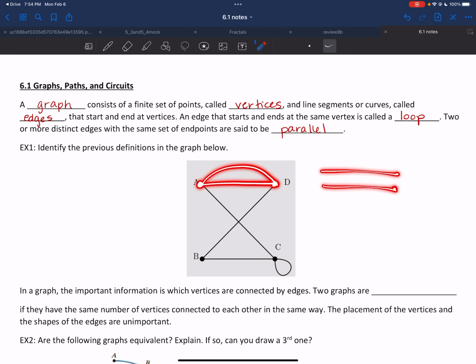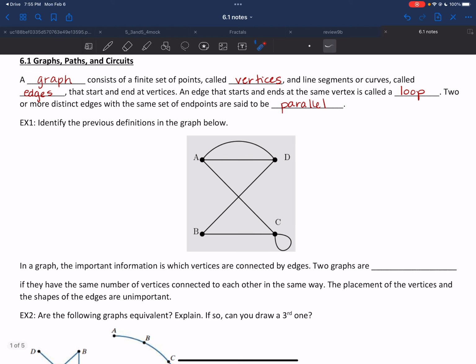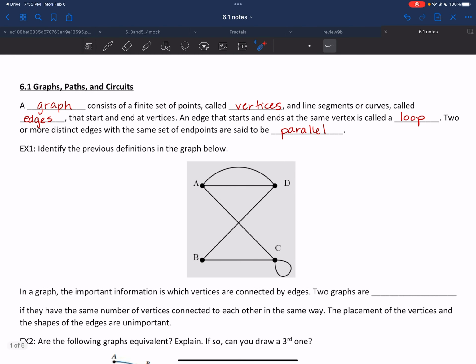That's not true of graph theory. When we talk about parallel, it just means that there are two edges going from one vertex to another. Now identify the previous definitions on the graph below.